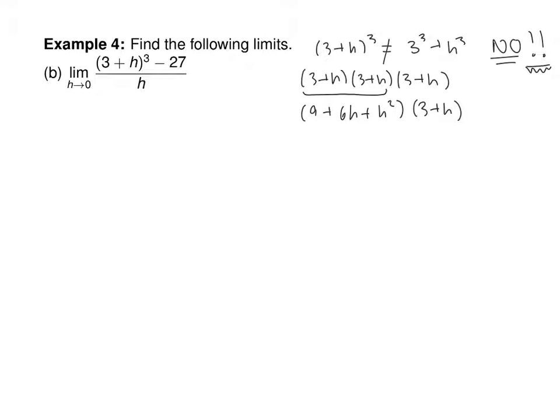Distribute the 3, distribute the h. And now can you do it again? Okay, so distributing just the 3 first, we'll have 27 plus 18h plus 3h squared plus 9h plus 6h squared plus h cubed.